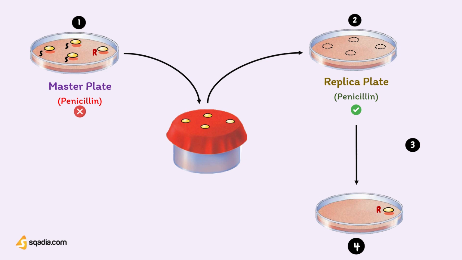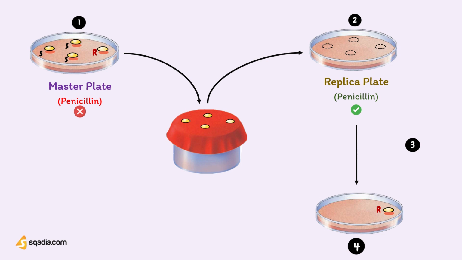Pressing a replica plate onto the velvet then transfers some cells from each colony onto the replica plate. Investigators track which colonies on the master plate can grow on the replica plate. Here, only penicillin-resistant ones. Now, let's confirm that.